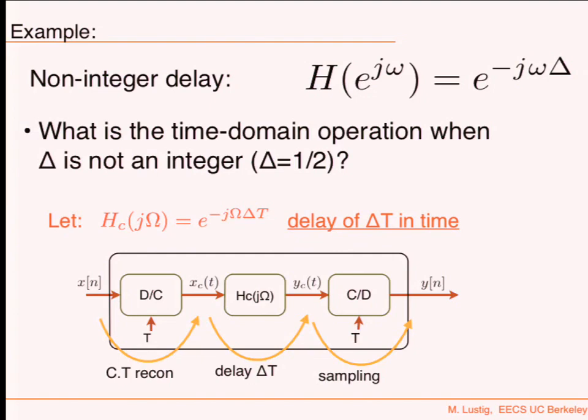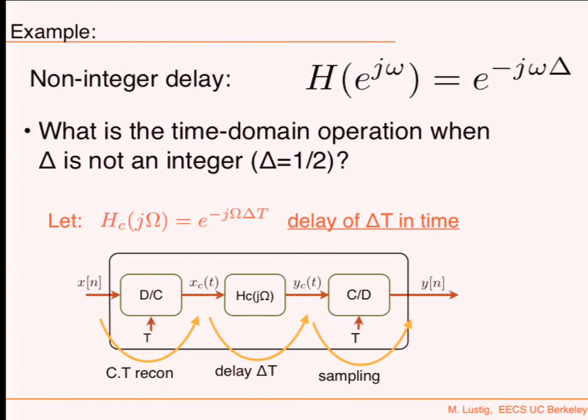Right? Because a shifted discrete impulse function will give you this with 1. If Δ equals 2, then it's a 2-sample delay. But what is half-sample delay? I don't know. Right? I mean, how can I take 2 samples and move them by half a sample? What does it mean? Right?